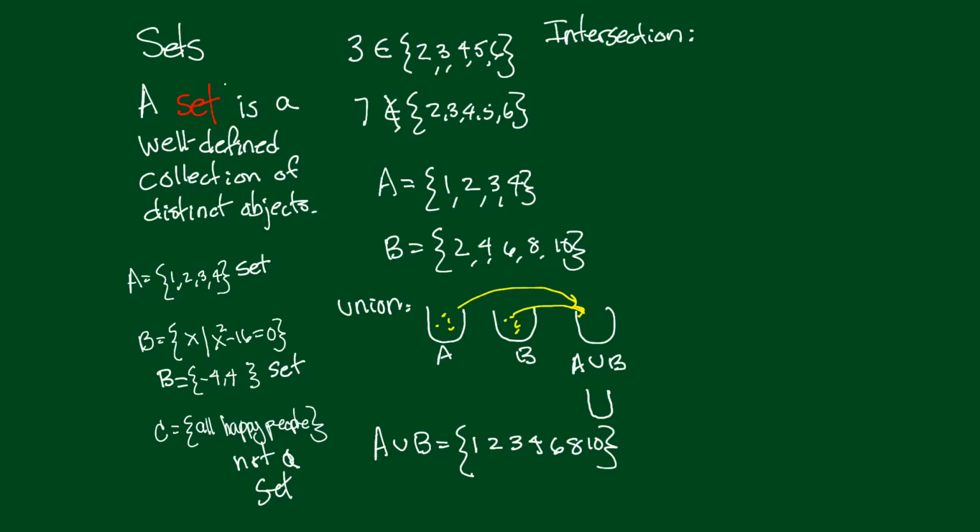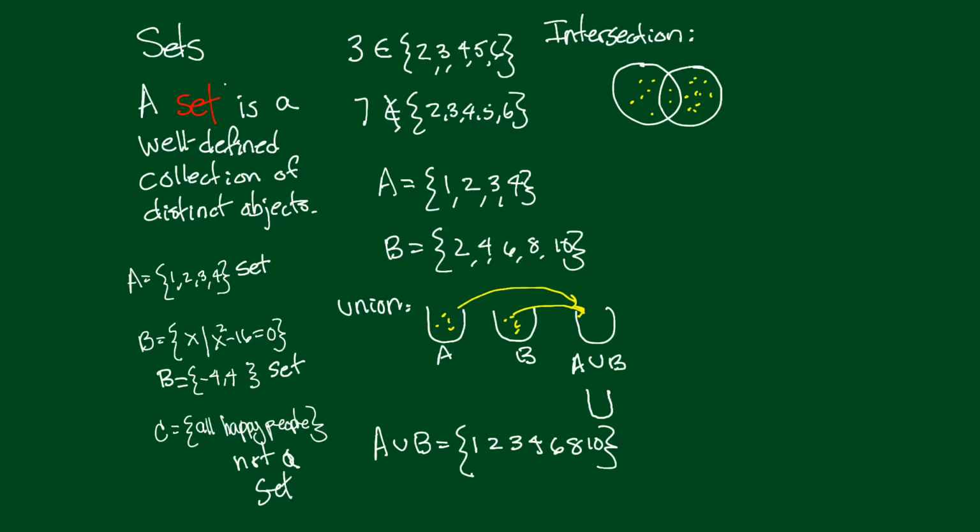Now the intersection, what I'm going to do is just take the elements that are common to both sets. This is the set of common elements. So maybe I could draw it like this. Here's set A, here's set B, and set A has some things in it, and set B also has some things in it.